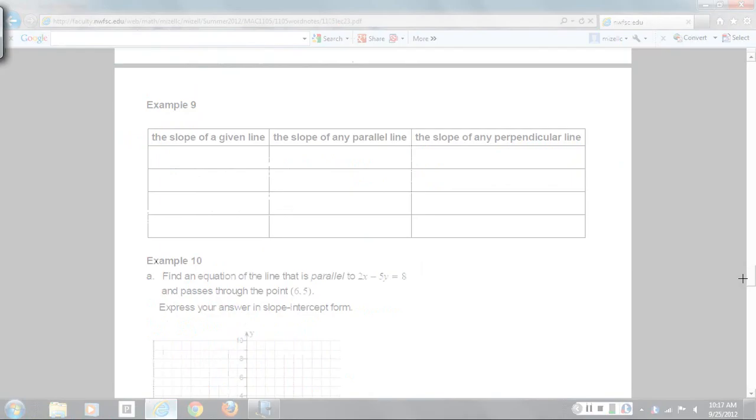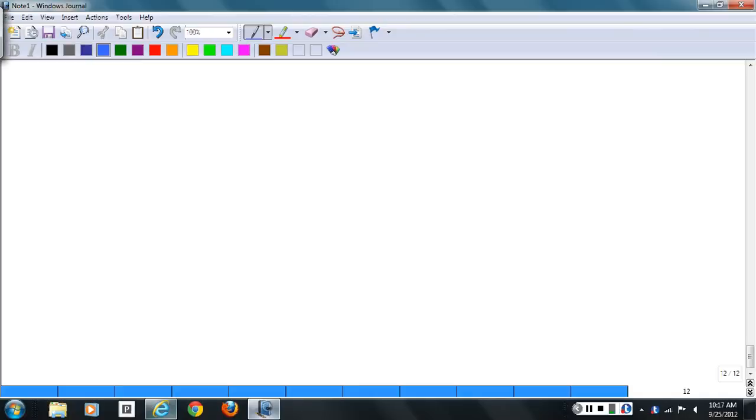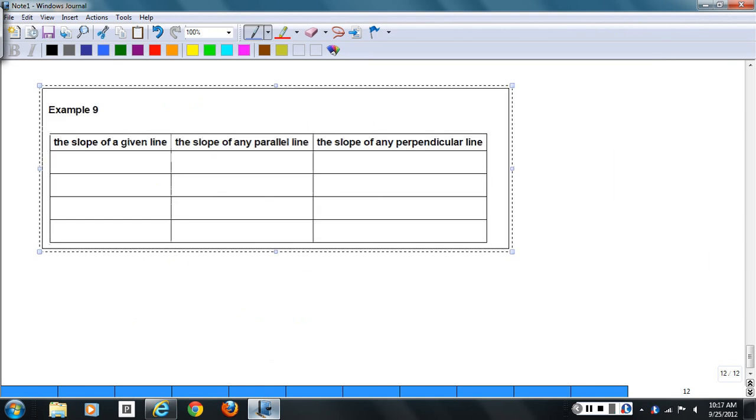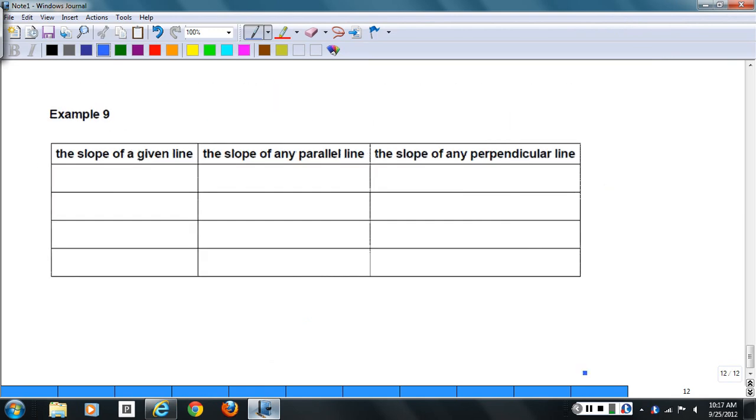Exercise, example 9 here. Suppose someone hands us a straight line, and it has a particular slope. Let's say this line someone gives us has a slope of 2/5. Any line that's parallel to that line with a slope of 2/5 would have what slope? 2/5.